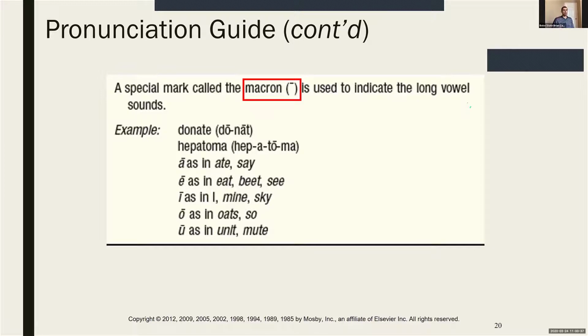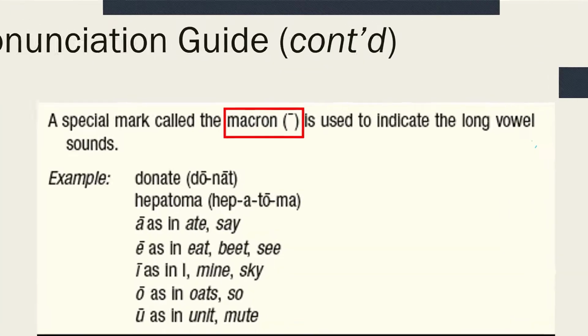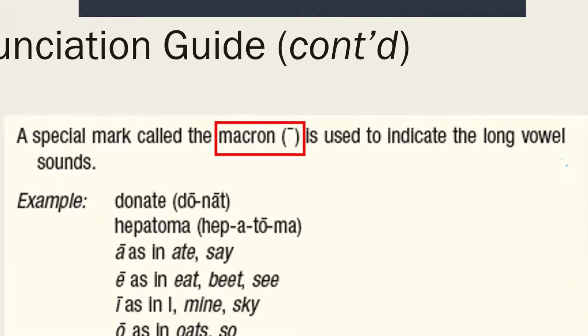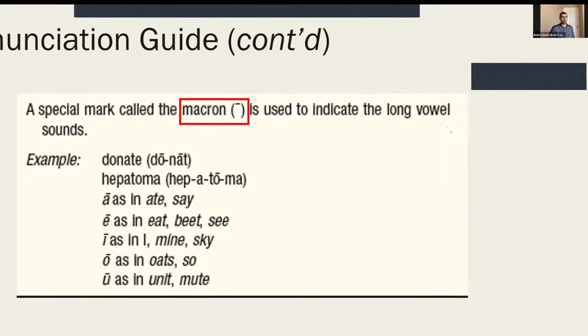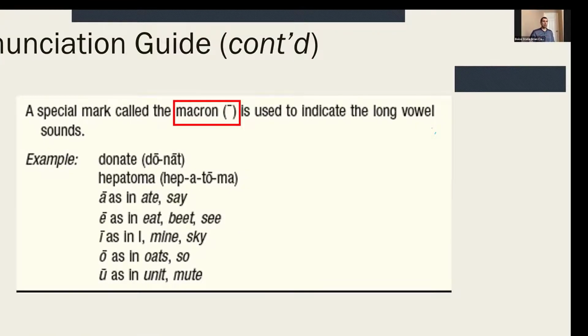And that's where we get that long vowel versus the short vowel sound. So the examples they give here, the first one being donate, there's that macron symbol over the O and over the A. So if we were to phonetically reproduce this, it would be "doh-nate." You don't pronounce it with a short O or with a short A, you would pronounce it "doh-nate" because of where the macron is listed.